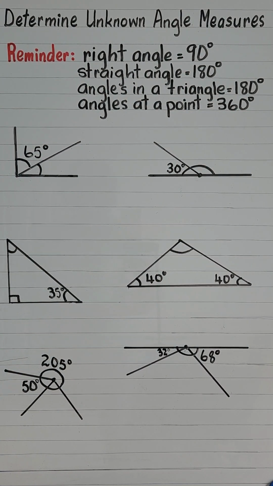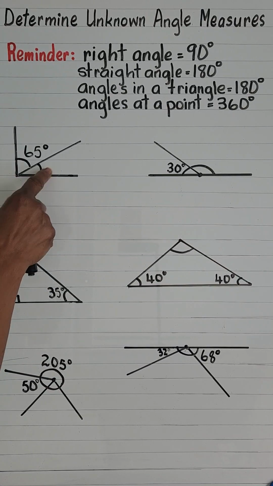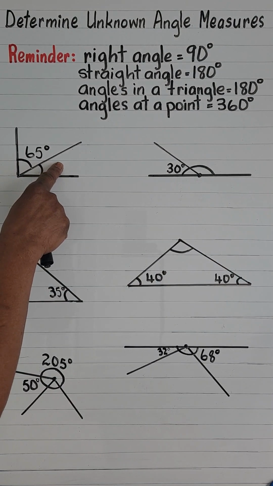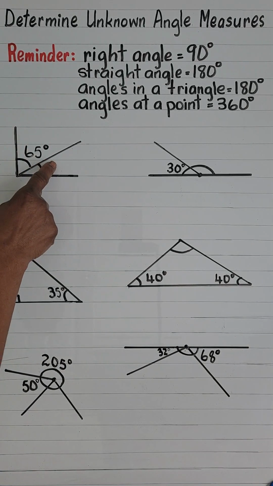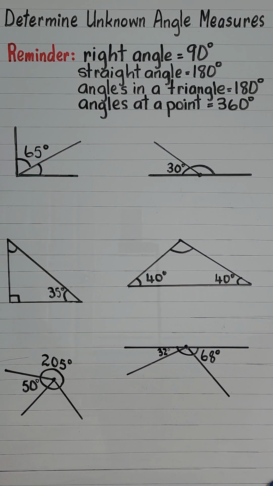So our first figure is a right angle. A right angle measures 90 degrees. So we need to find this unknown angle. So we're going to subtract the known angle from 90 degrees.